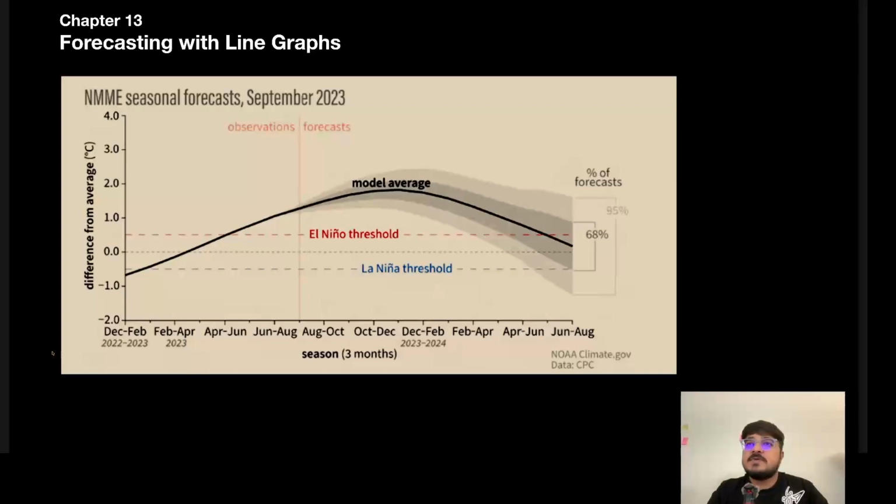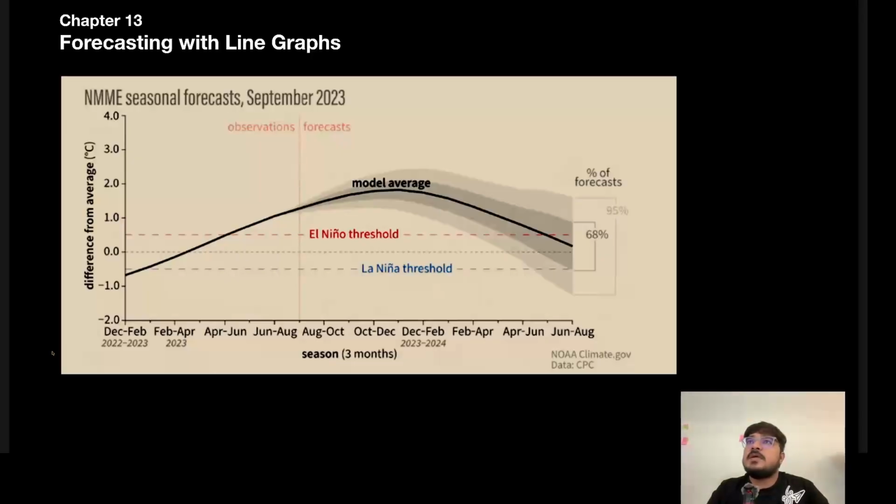Similarly over here as well, you can see the months on the x-axis, and on the y-axis you can see the difference from average, in percentage or degrees Celsius. I think that's a percentage degree, maybe the slope of this graph.